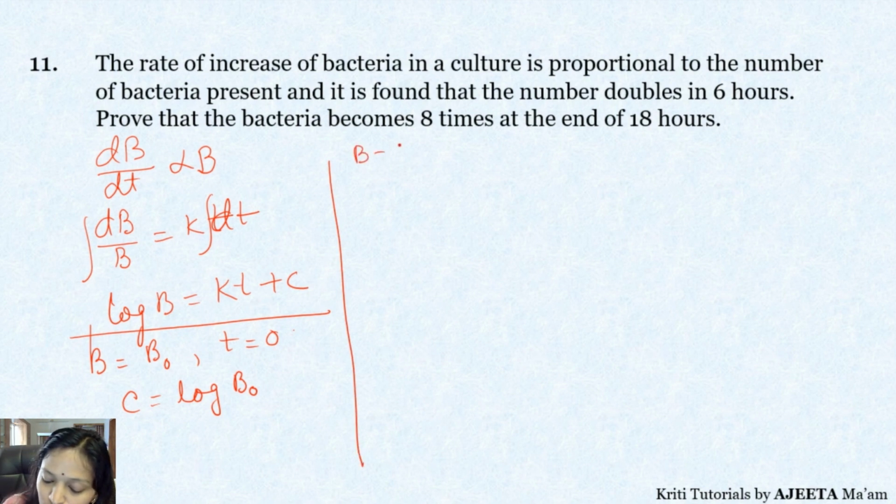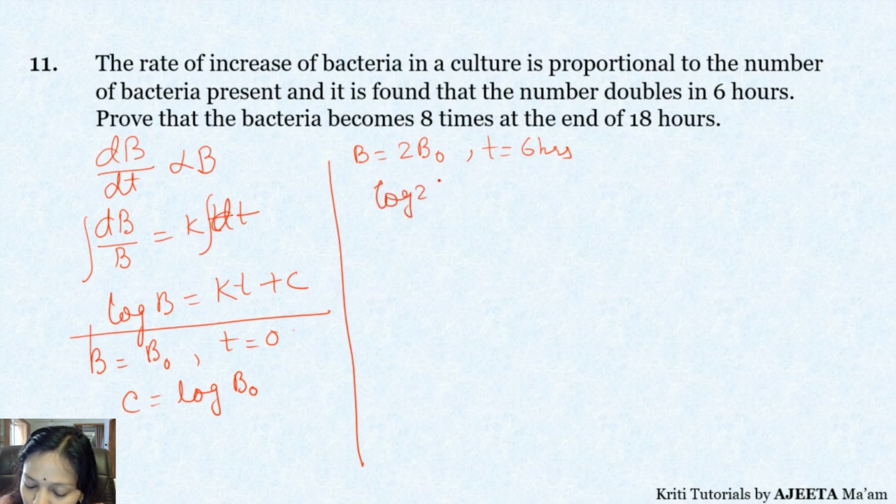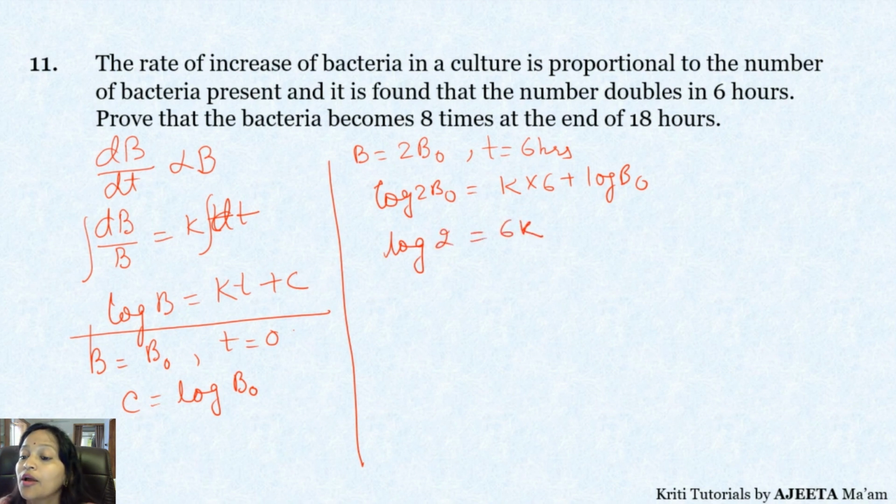So B becomes twice of the initial count in 6 hours. So this will help us in finding the value of K. So log of 2B0 is equal to K into 6 plus log B0. Let's use the property of log. So we get log 2 is 6K. Right? So K ka value 1 upon 6 log 2.